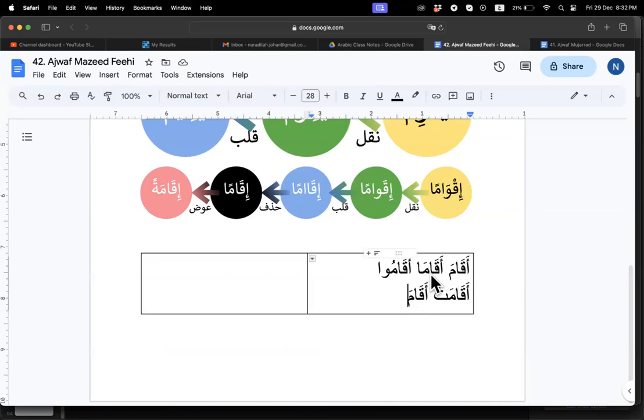Nasara, nasaru, nasarat. No, no, no. You're giving aqamani, you're putting a mudhari ending. Okay, so this one is the same, I think, aqama. Nasarat, aqamata. This is huma.